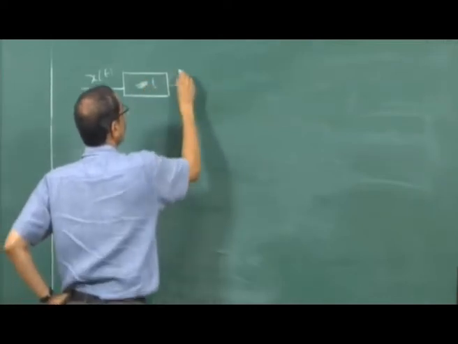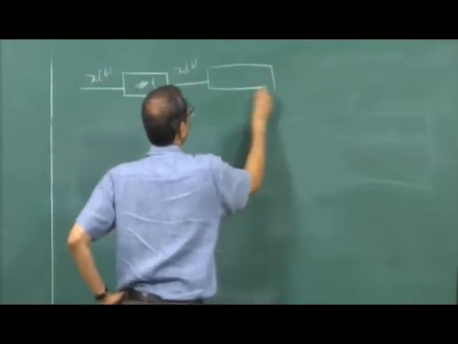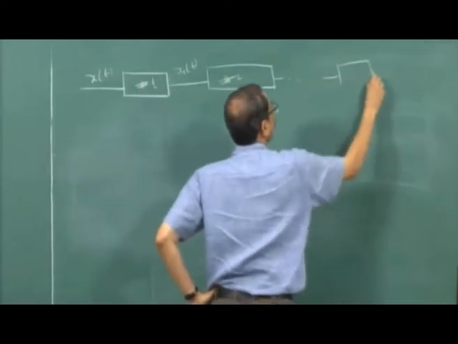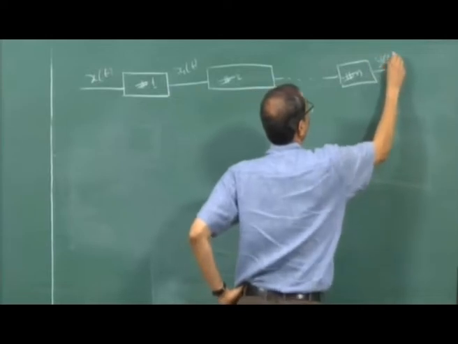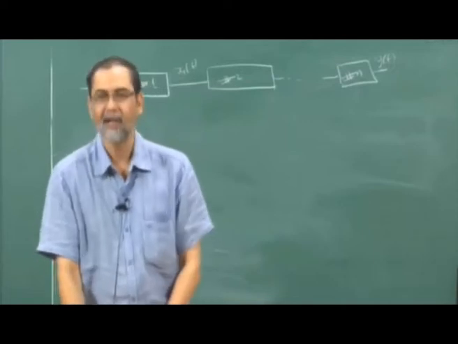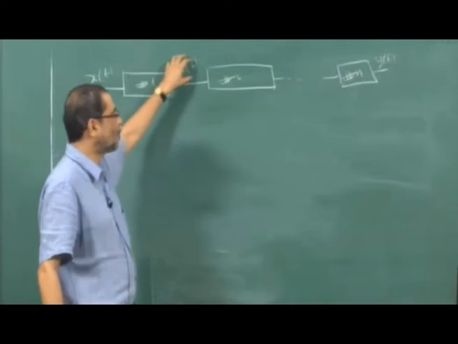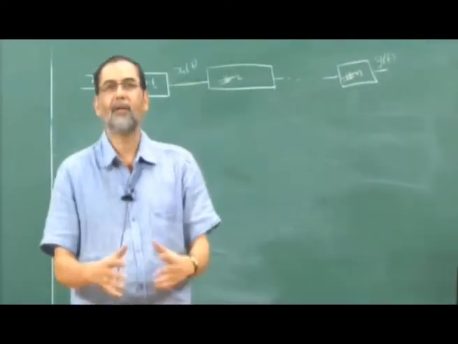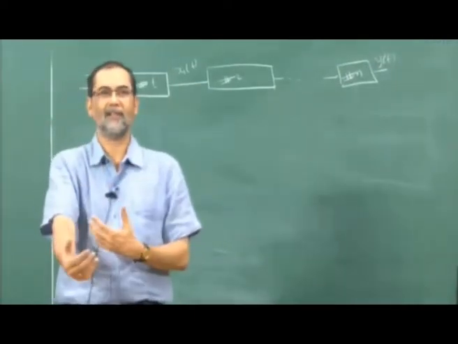Its output, let's say x1 of t, goes to another system, let me call it h2, and so on, up to hn, and then the output is y of t. Any practical system is complex. The input goes through the first system, the output of that goes to the second system, and so on. Finally, I'll get one output. This is what is called the tandem connection, one after the other.